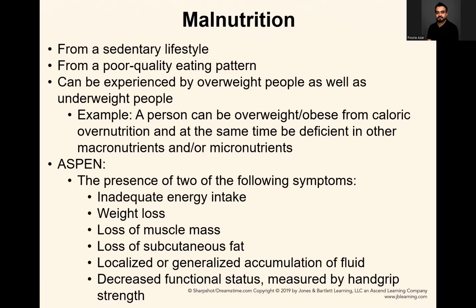For example, a person can be overweight or obese from caloric overnutrition and at the same time be deficient in other macronutrients or micronutrients. When we say macronutrients, we refer to carbohydrates, proteins, and fats. And when we say micronutrients, we refer to vitamins and minerals in general.